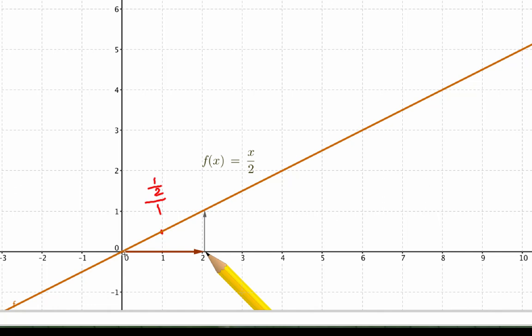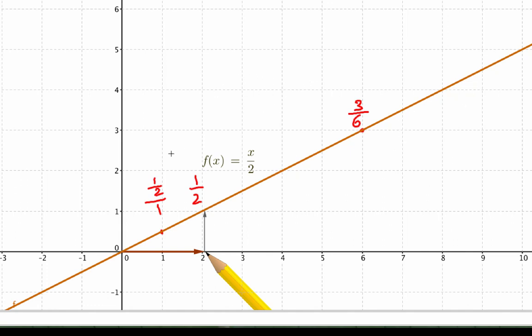In other words, the pencil went 1 unit here and half unit up. Here it went 2 units here and 1 unit up. So here we have 1 over 2. Let's look here. Here the pencil went 3 units up and 6 units to the right, and so forth.